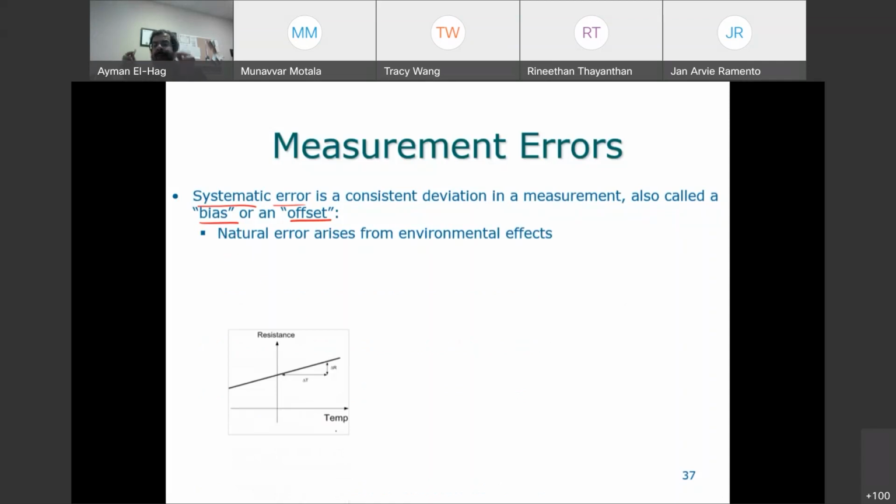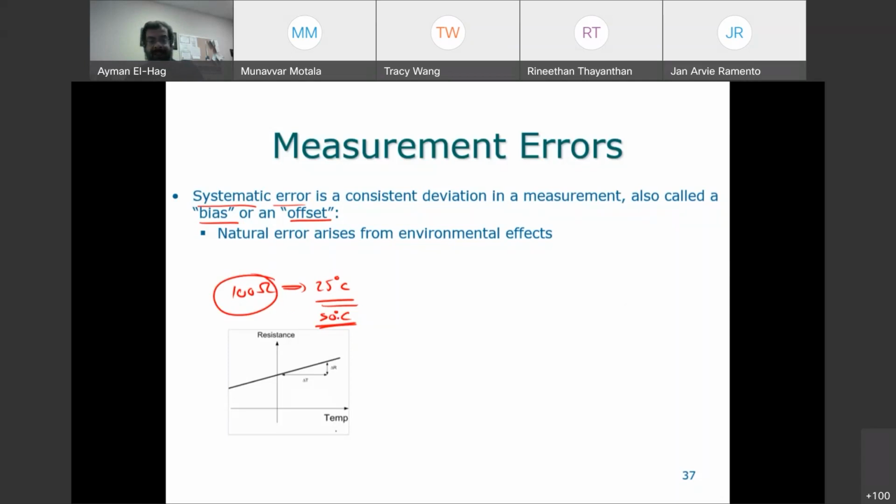For example, I am measuring a resistance, but the resistance value claimed by the manufacturer, let's say 100 ohm, is claimed at a certain temperature, let's say 25 degrees centigrade. Now, if you do the measurement at 50 degrees centigrade, you will not get 100, you will get a different value.